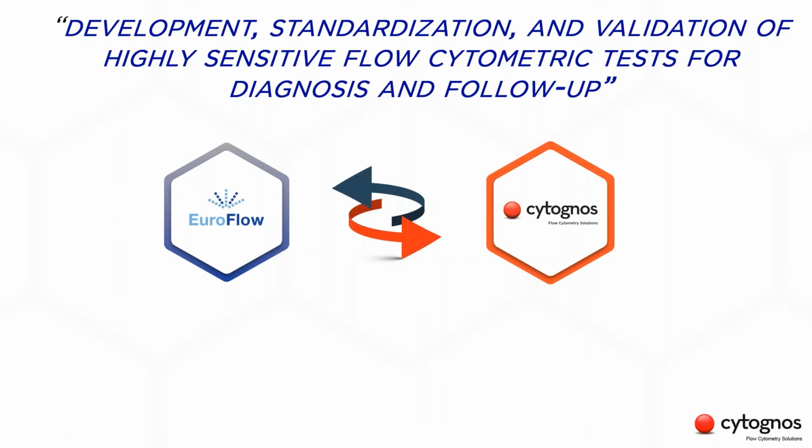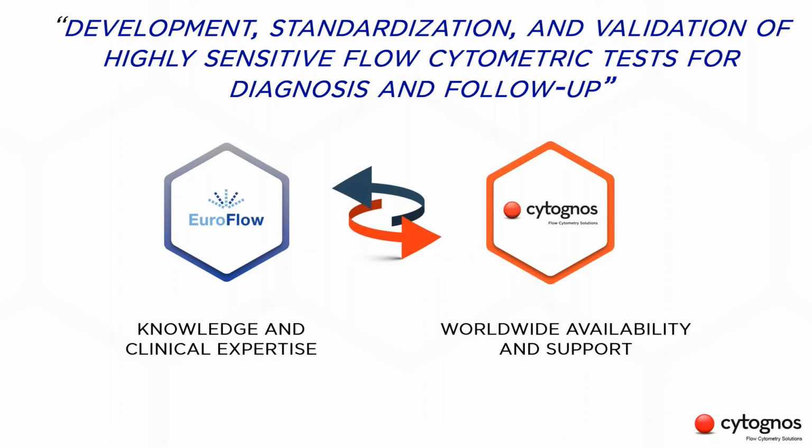The EuroFlow goal is to provide a standardized and validated, highly sensitive flow cytometry test for diagnosis and follow-up. And that requires a close collaboration between the industry and the academia. So thanks to this collaboration, Cytognos can bring the EuroFlow method as a ready-to-use flow solution for any lab in the world.